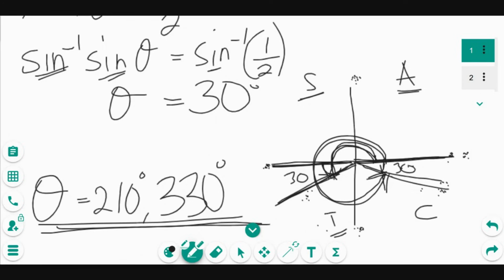Those angles are the final answers. You can prove it in your calculator. Press sine of 210, you must get negative a half. Press sine of 330, you must also get negative a half.